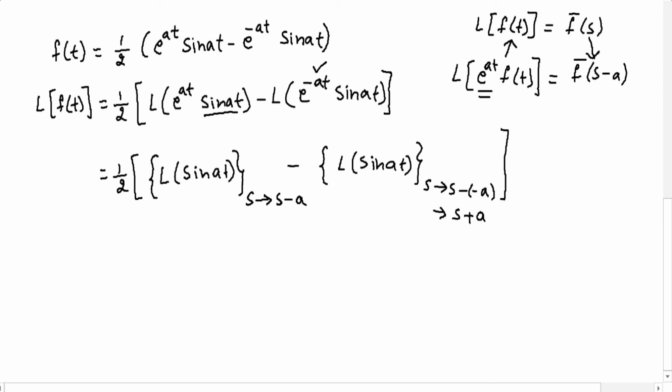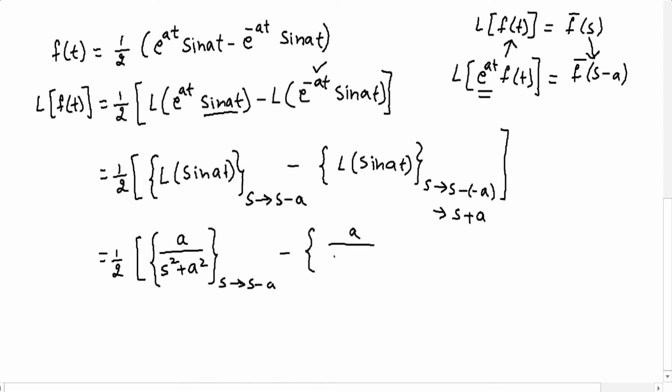So just rewritten it. Now apply the Laplace transform. 1 by 2 times the Laplace transform of sine at will be a by s square plus a square. What is happening to this s? s is being shifted to s minus a. I have written it as it is. Minus, here also sine at, its formula is a by s square plus a square. s is being shifted to s plus a.